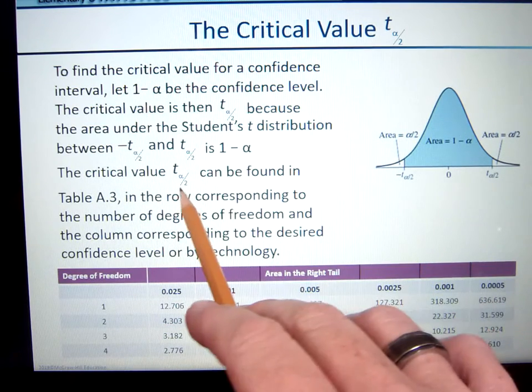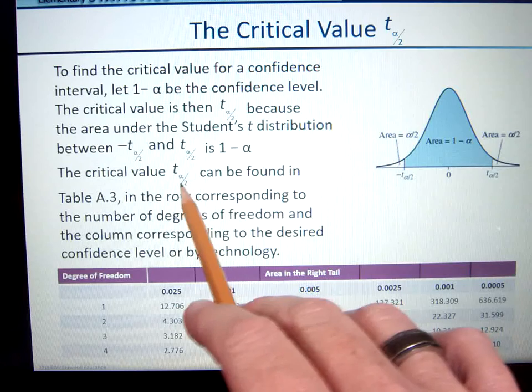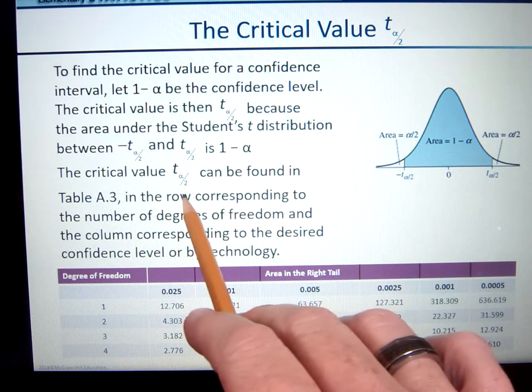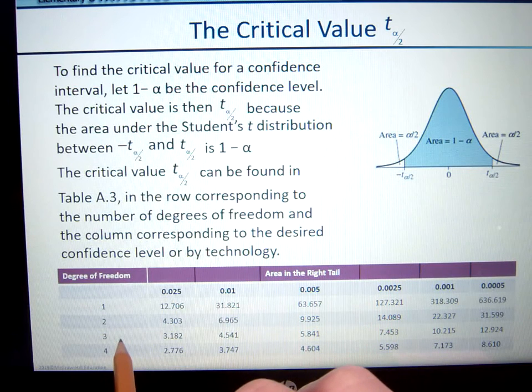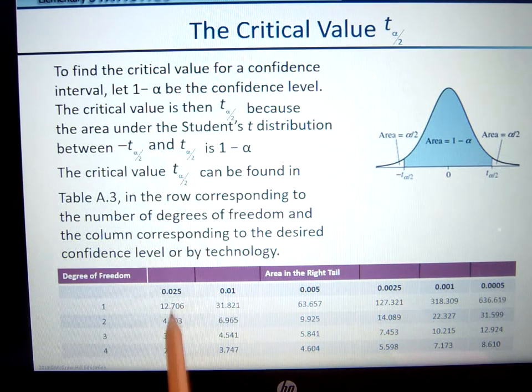The critical value t alpha over 2 can be found in this table in the row corresponding to the number of degrees of freedom and the column corresponding to the desired confidence level. So the columns give you the desired confidence levels, and the rows give you the degrees of freedom.